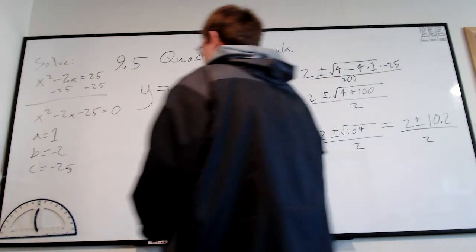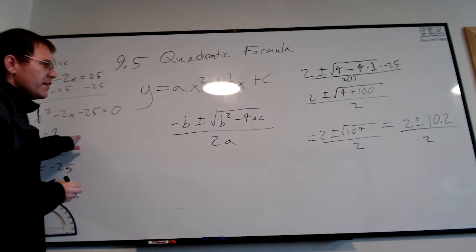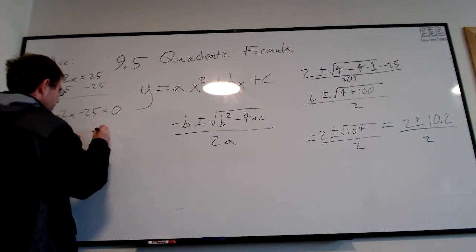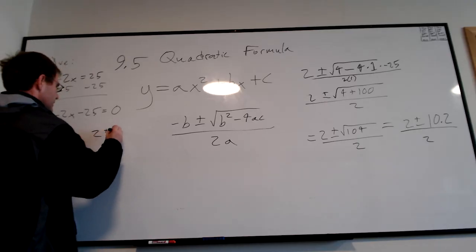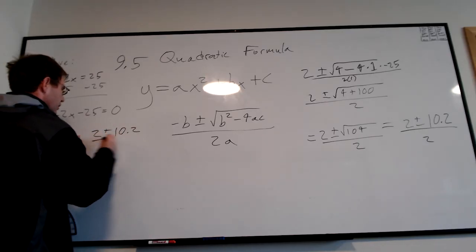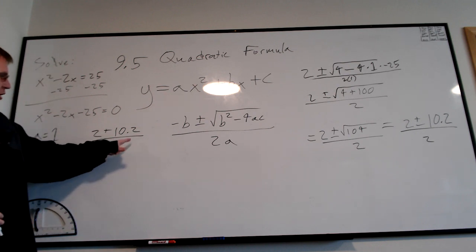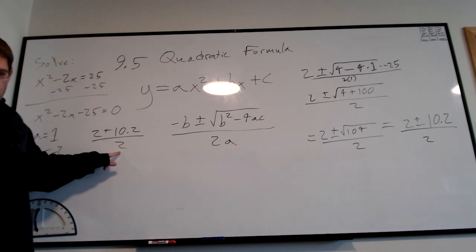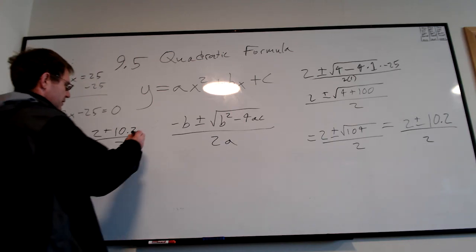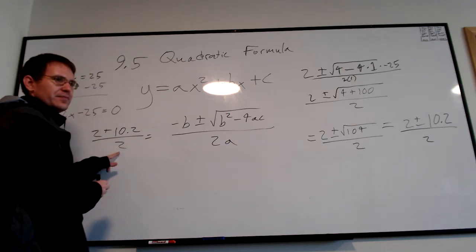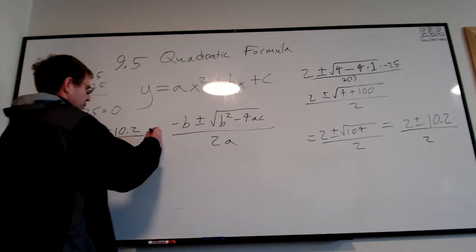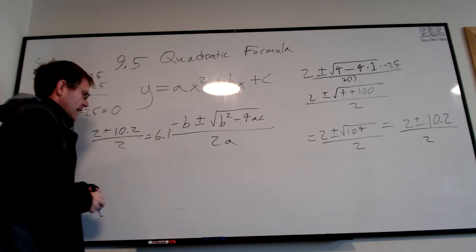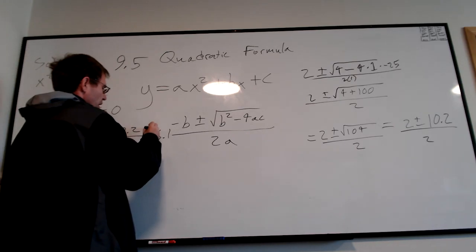Okay, so we'll move back over here. Let's do the first positive, 2 plus 10.2 over 2. So that's 12.2 divided by 2, is that 6.1? Is that what you guys get? Yeah, I got 6.1. Okay, so 6.1 is one of our answers.